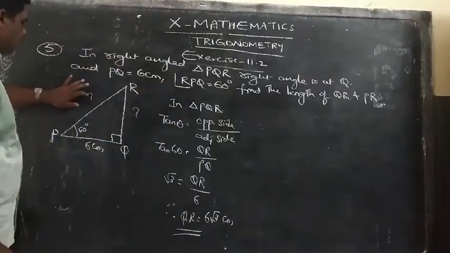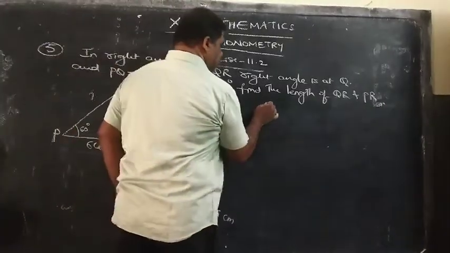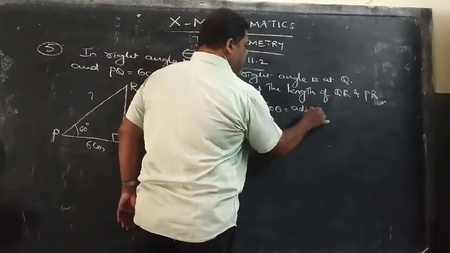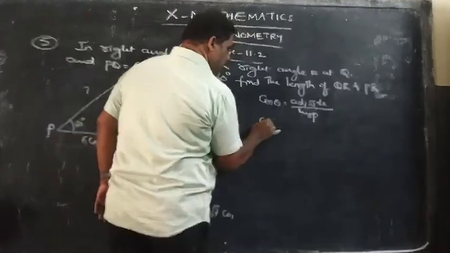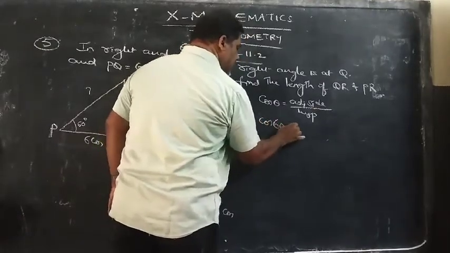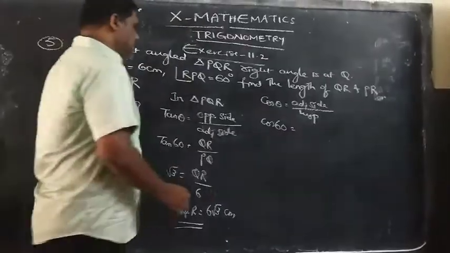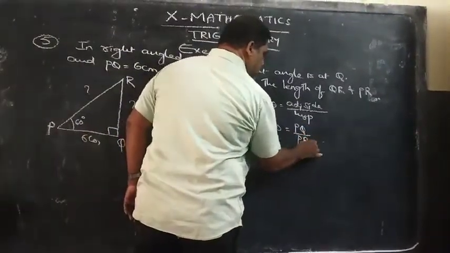Now to get PR, let us apply cos theta for 60 degrees. Cos theta formula is adjacent side by hypotenuse. If you apply for cos 60 degrees, adjacent side to 60 degrees is PQ, hypotenuse is PR.